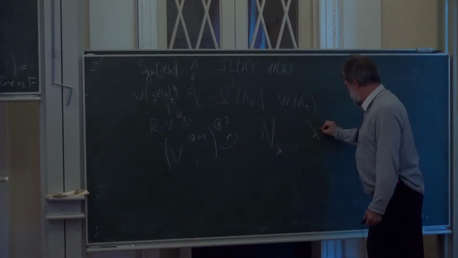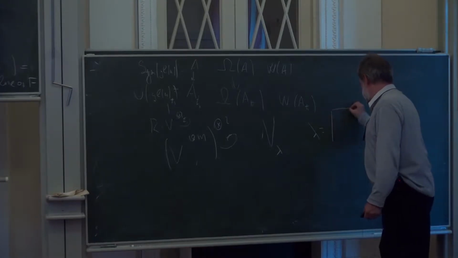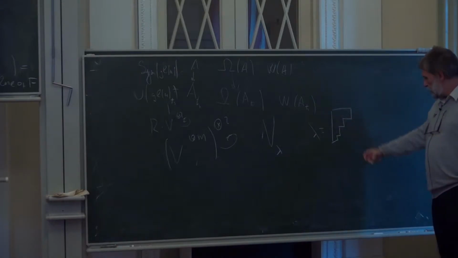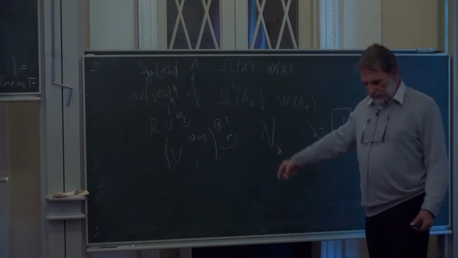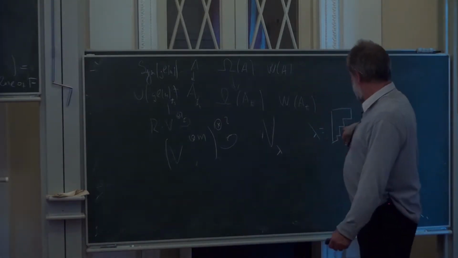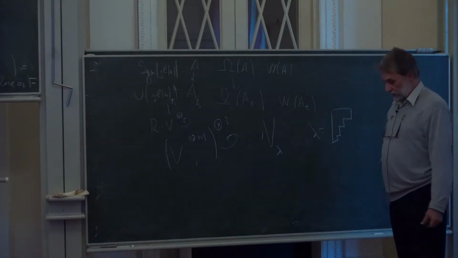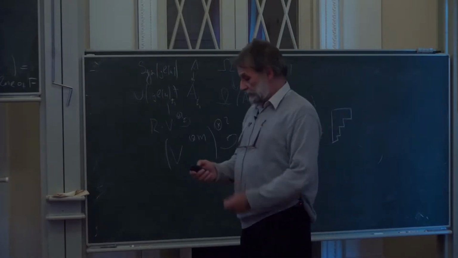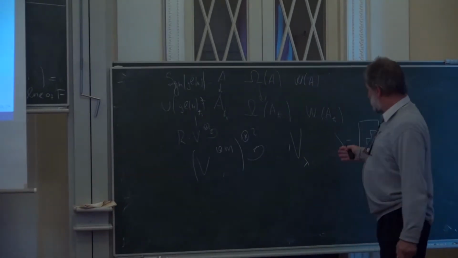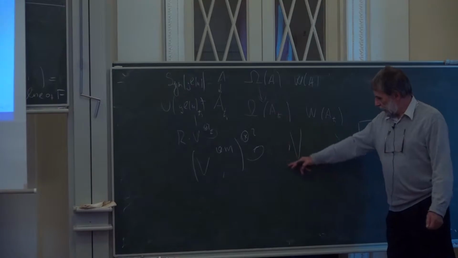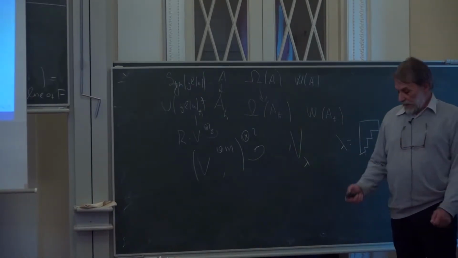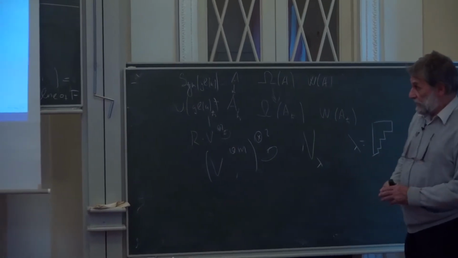Lambda is a Young diagram. It is a partition of a number. Finally, we have here a category which contains all objects of this type.